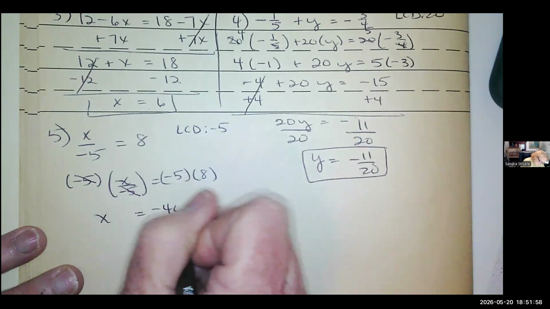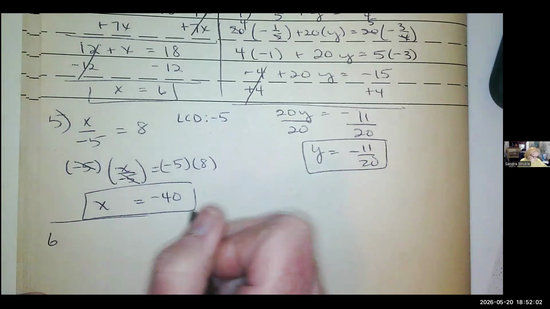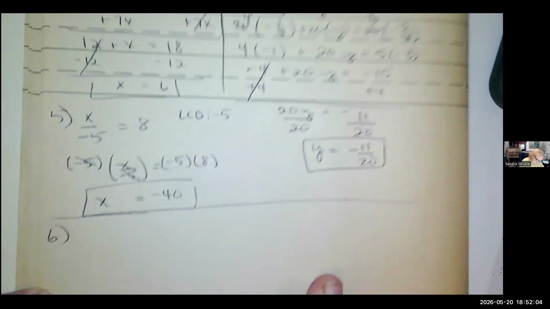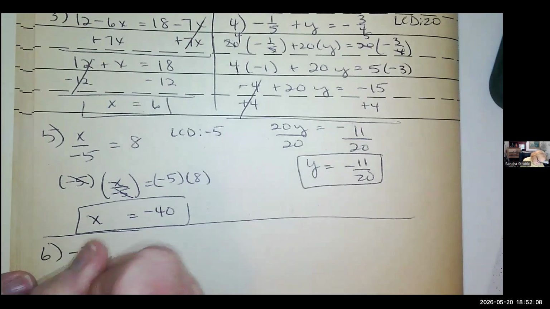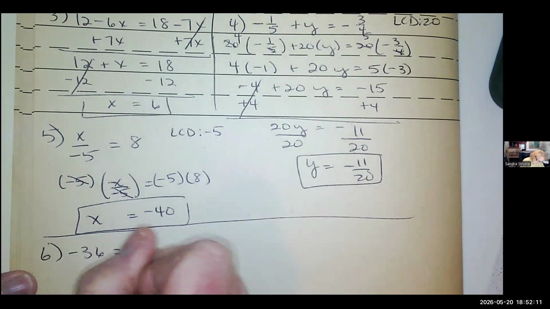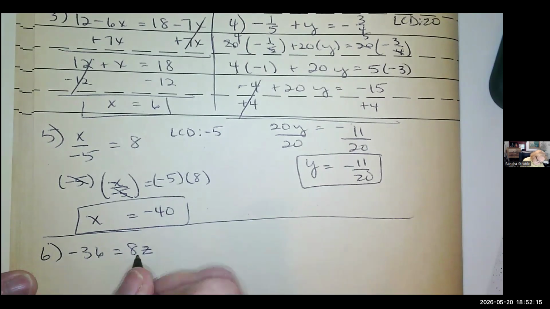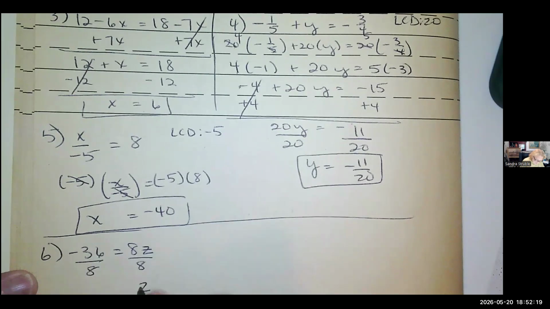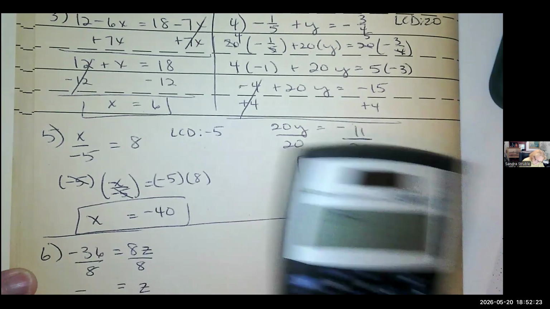I'll put a 6. Number 6 is negative 36 is equal to 8z. Well, everything's isolated already, so 8's multiplied to z, so I'm going to divide both sides by 8. And z equals negative, ooh, that's not even. 36 divided by 8, so I'm going to have to reduce that.